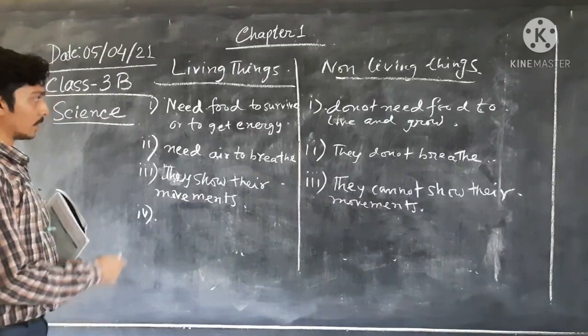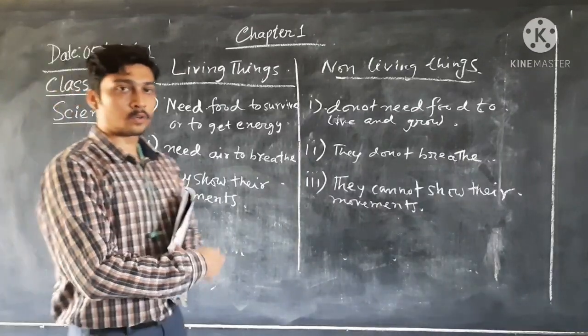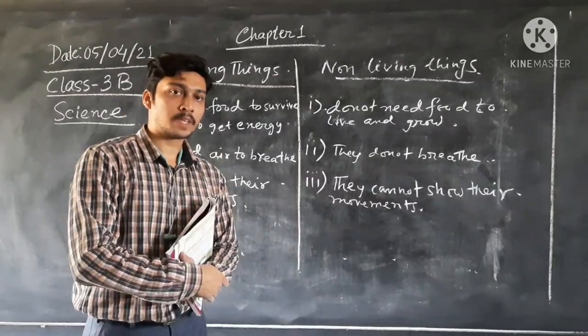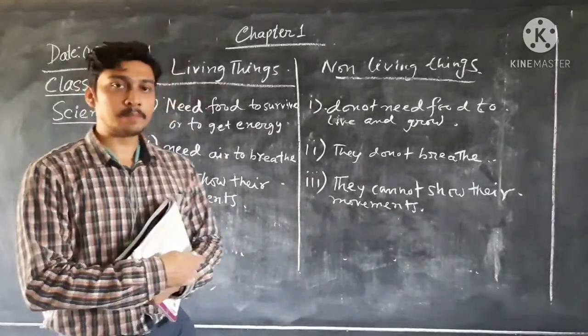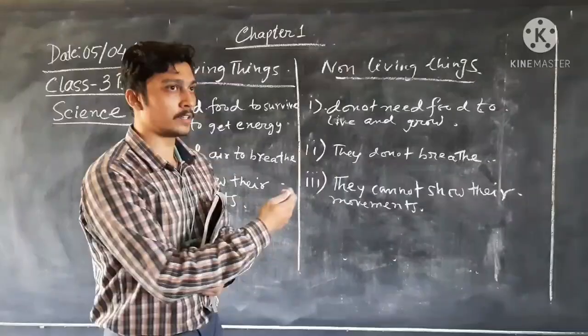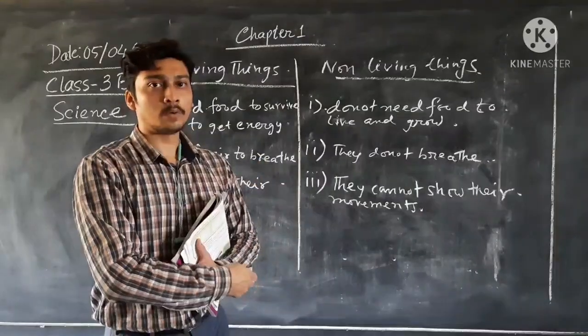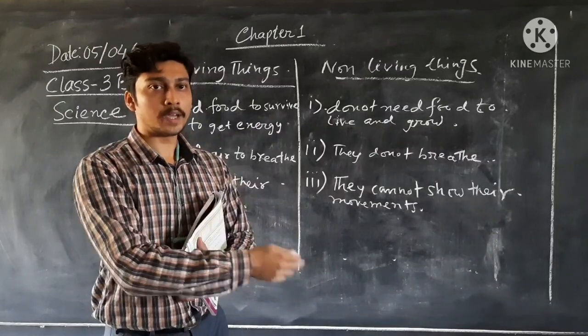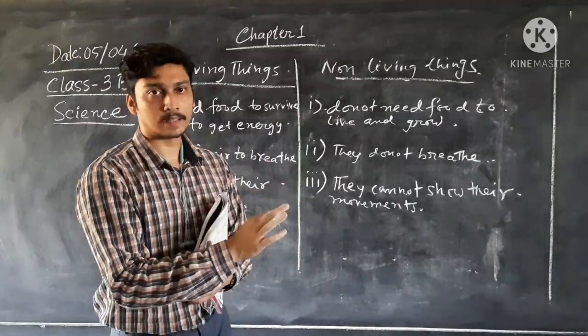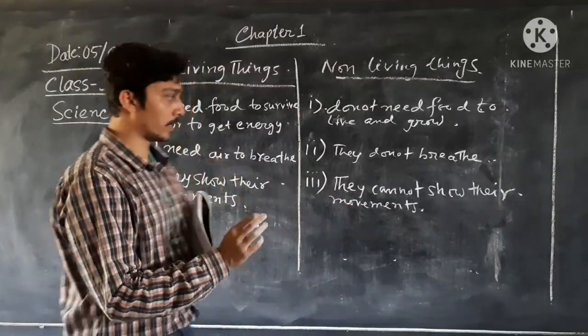Four, living things grow old with time and die. Living things grow with time and die, but non-living things don't have any life. So why would they grow? They don't grow, and they don't die.